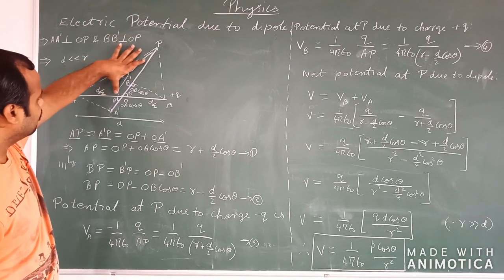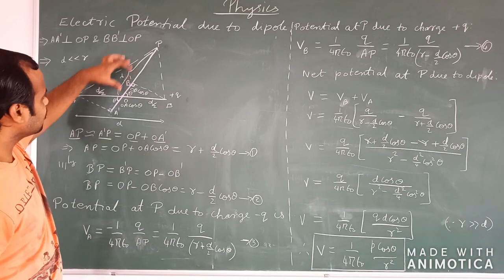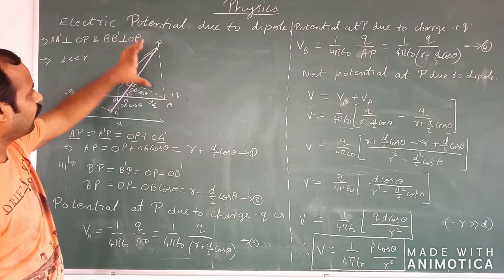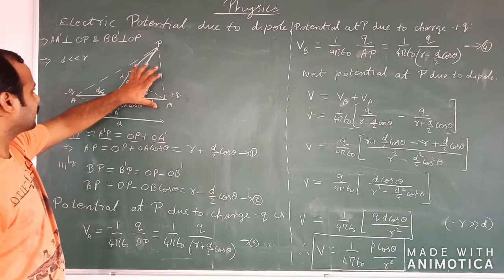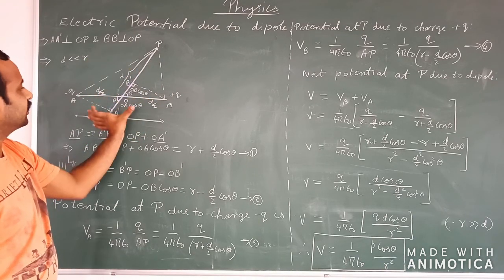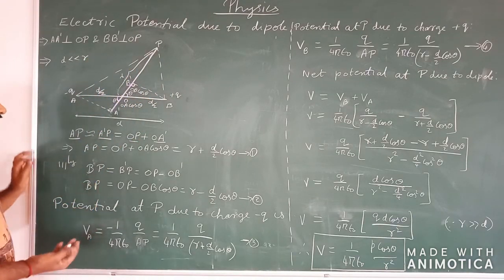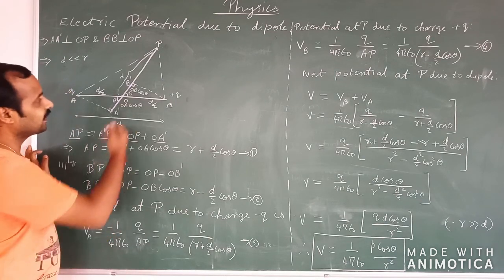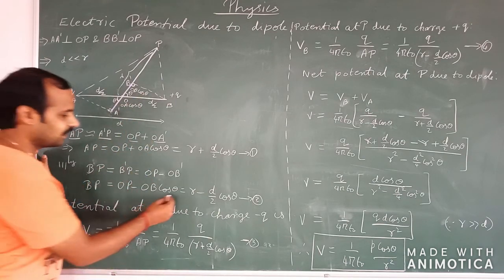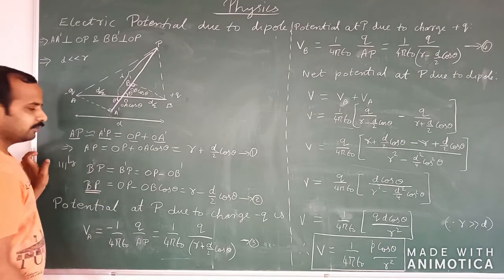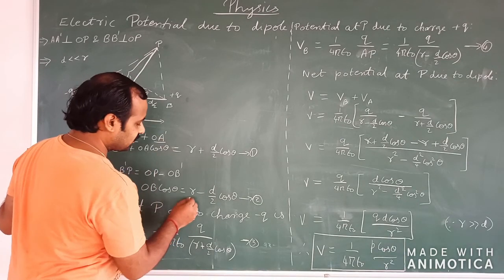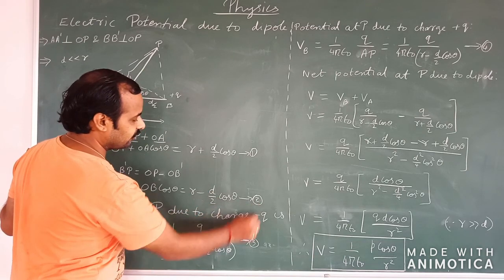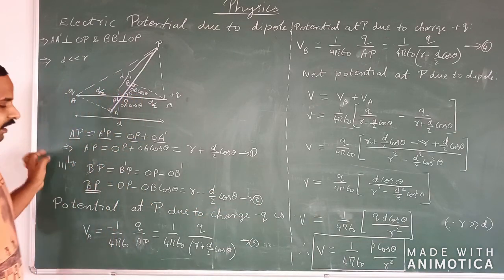So OP minus OB dash will give me B dash P, or I can safely say that it is equal to BP, as r is very much greater than d. So using all these assumptions, approximations, and using the diagram, we get the formula for BP, that is, the distance from B to P as r minus d by 2 cos theta. We are going to take it as equation number 2.